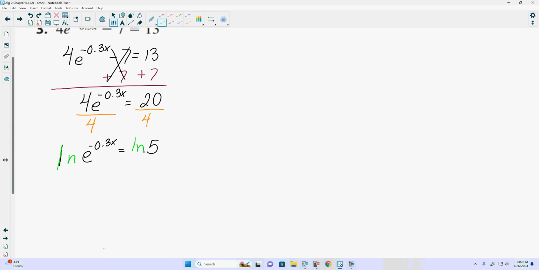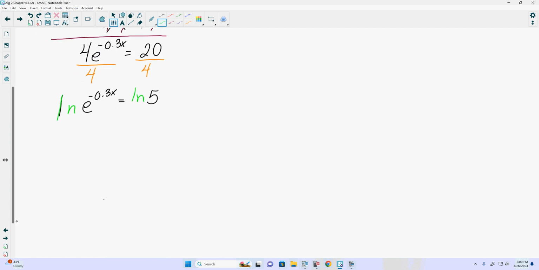Because our natural log of e to the negative 0.3x, the negative 0.3x would come out, and we're really looking at the natural log of e. And what is the natural log of e?